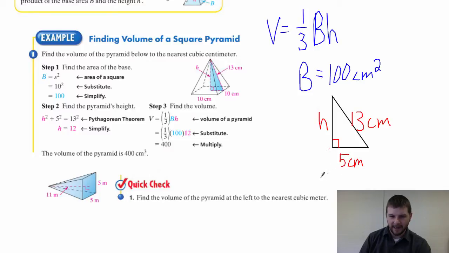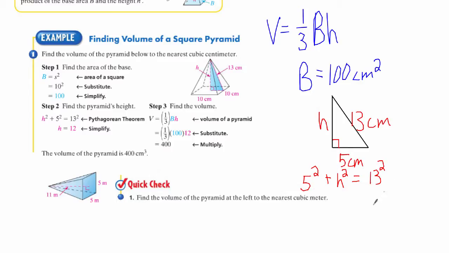So in this example, we will have 5 squared plus our other leg length squared. Our other leg is h, that's our unknown value, and that will equal our hypotenuse length squared. To simplify, 5 squared we know is 25.